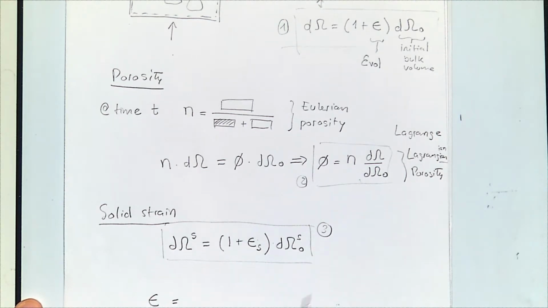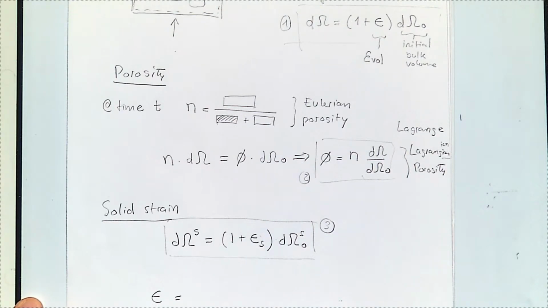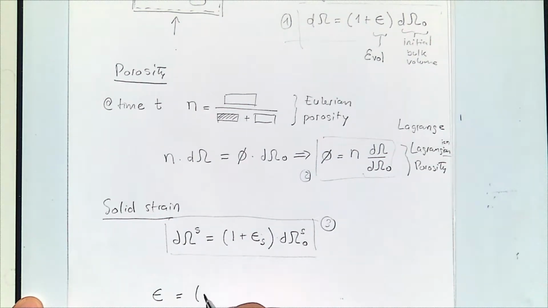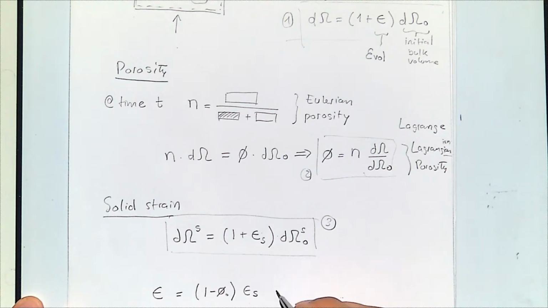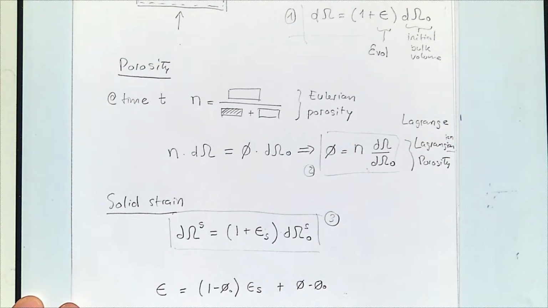So when you combine all of this, the total strain is going to be an average of the volumetric strain of the solid, plus a change in porosity.